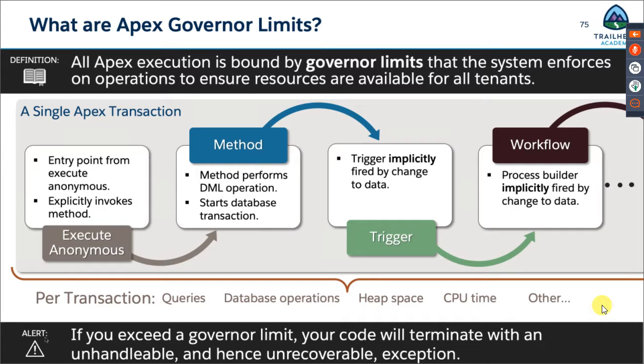Governor limits. What are Apex governor limits? Well, good question. I'm glad you asked. Apex governor limits, or as I had recently heard somebody calling them, the efficiency constraints, are limits imposed by Salesforce to make sure that your code works efficiently, and also that anybody else's code will not break the efficiency of your code.